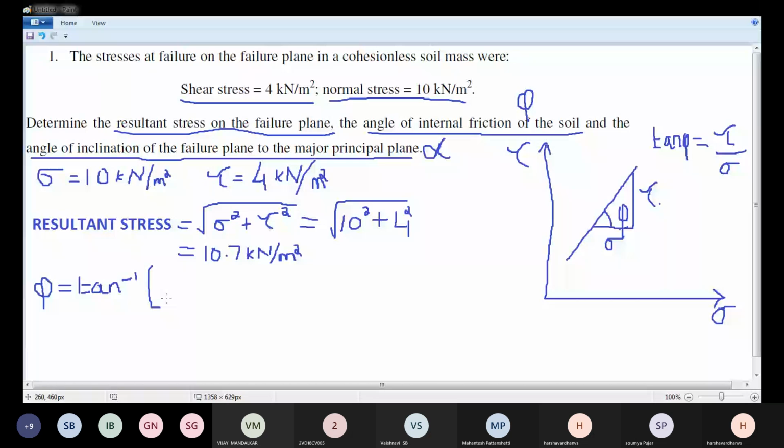Now shear stress is 4 and sigma is 10. So phi will be equal to tan inverse of 4 by 10, that is tan inverse of 0.4.